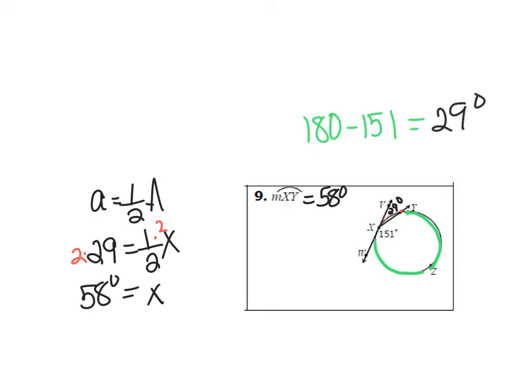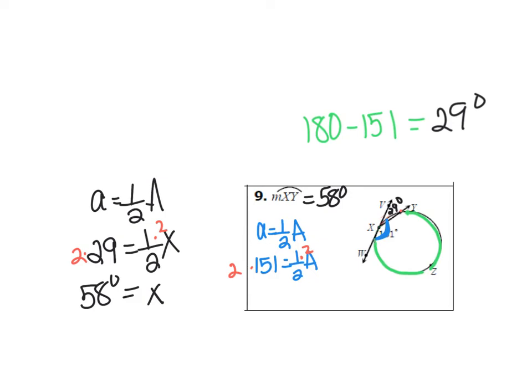Well, in blue, let me show you another way to do it. If this angle here is 151, the angle is equal to half the arc. So we know the angle is 151 is equal to 1/2 the arc. And if we're solving for the arc, we're going to multiply by 2 and multiply by 2.